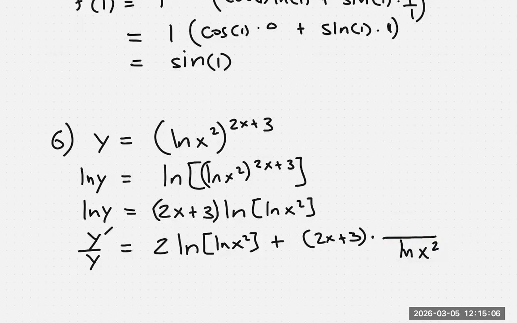This is the function, ln x squared. Correct. The function is ln x squared, not x squared. So 2 over x. There you go.